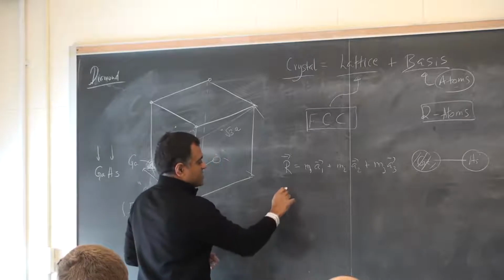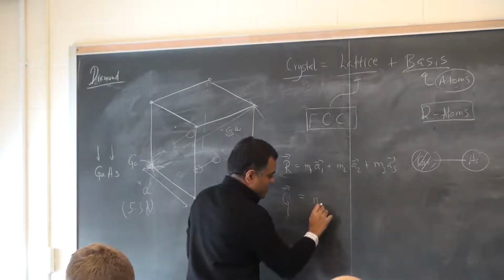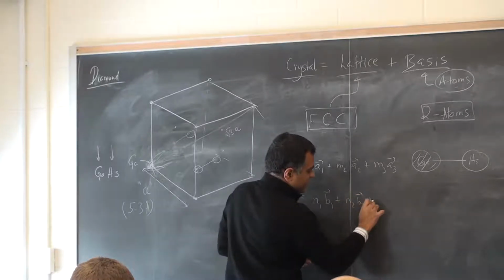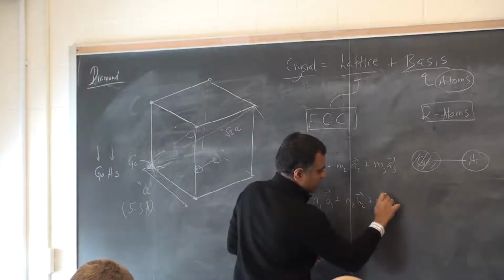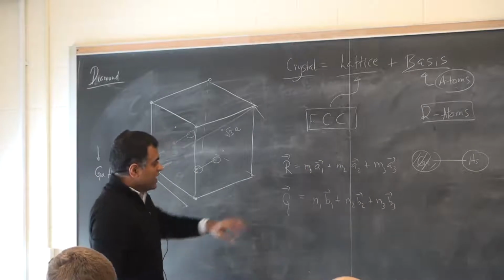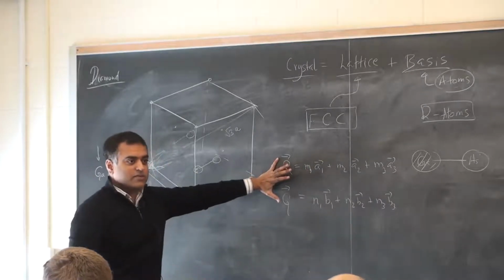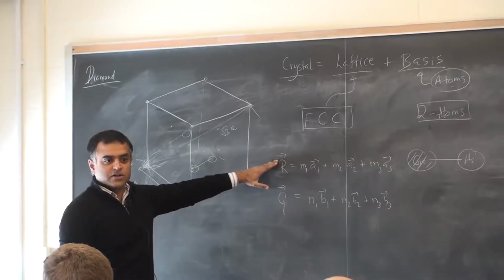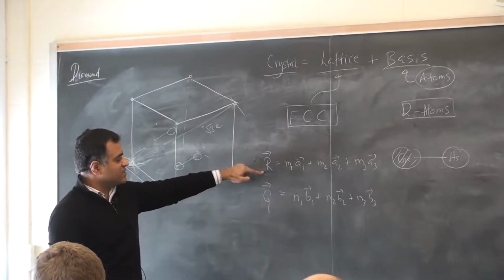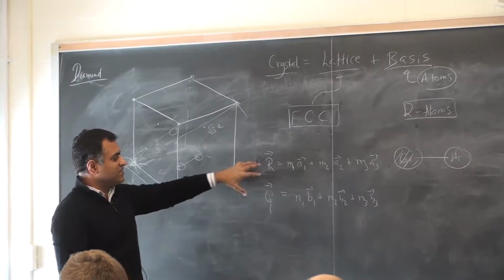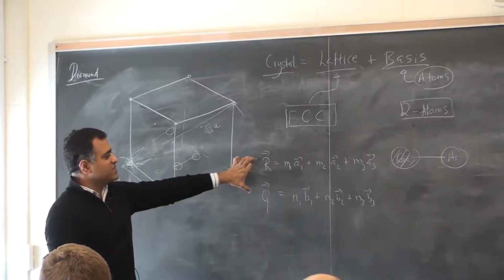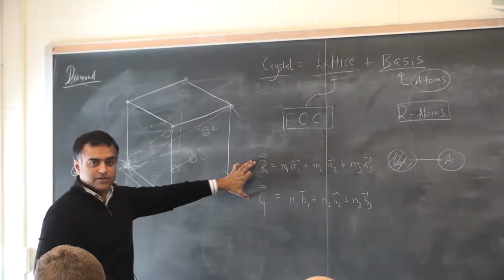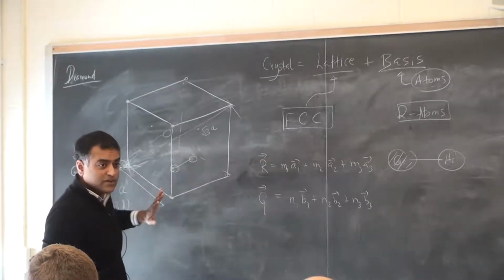The reciprocal space lattice vectors are, let's call it, N1 times B1 plus N2 times B2 plus N3 times B3, right? We've talked about those. Again, these are completely unaware of what atoms you put in. They don't care at all. They only care about the lattice points. So the real space lattice vectors and the reciprocal are kind of identical, except for some length differences, for silicon, for diamond, for germanium, for gallium arsenide. They're all the same, because the lattice points are the same for all of them.